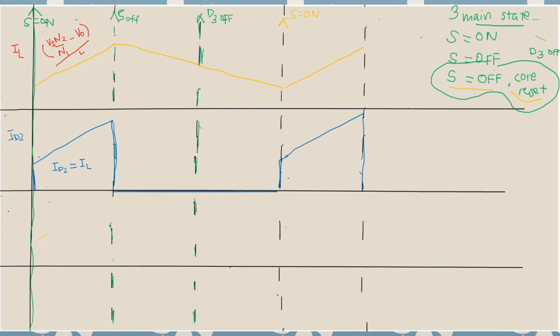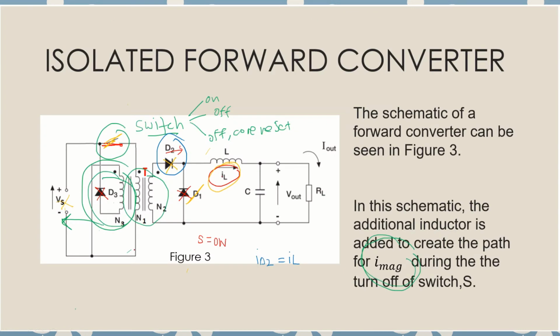So let's see another waveform, ID1. Where is ID1? Okay, so this is ID1. When the switch is on, it's connected. So what will happen? ID1 is off, it's reverse biased.